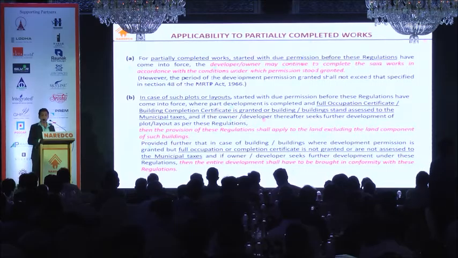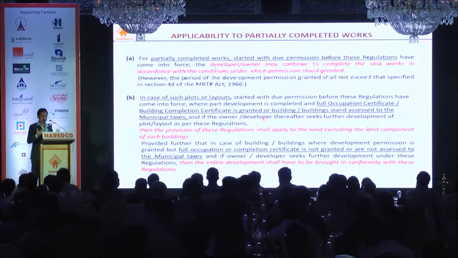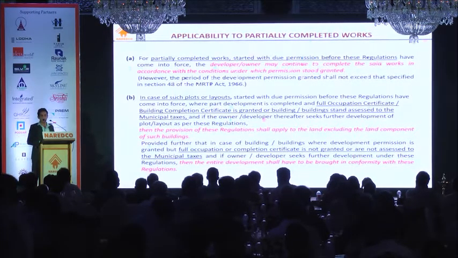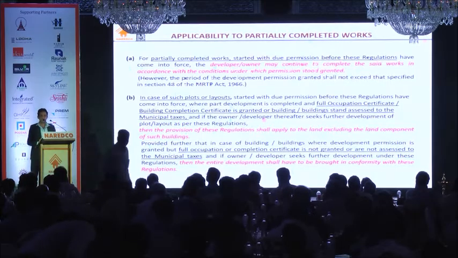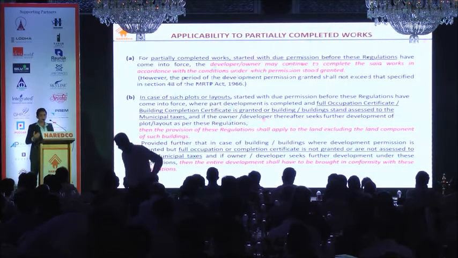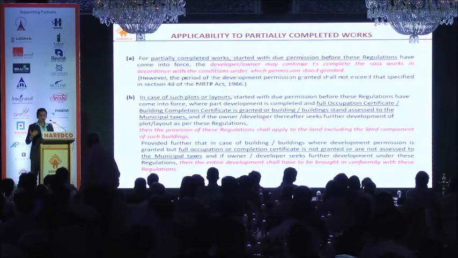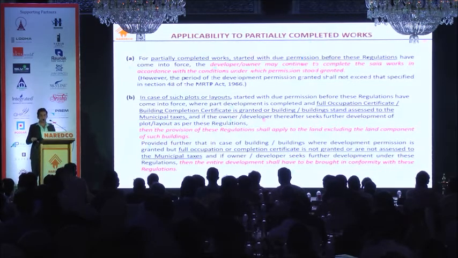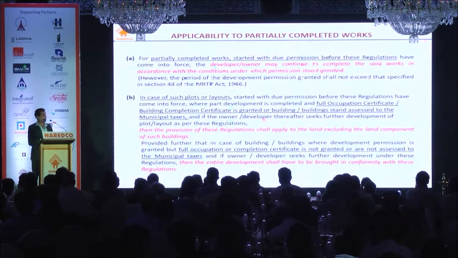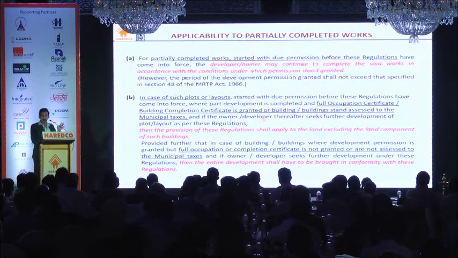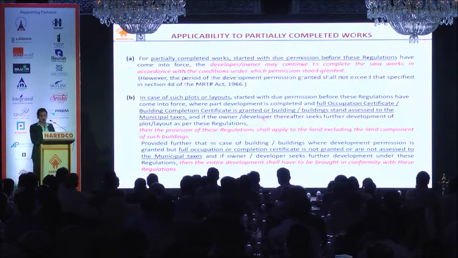Transition policy. Now these rules have come in. How many people will be able to take benefit of this? That's a question mark, because there's hardly any land which has not started its development or not been developed at all. The transition policy is very tough. It seems you have to come in toto to get the benefit of the new development.